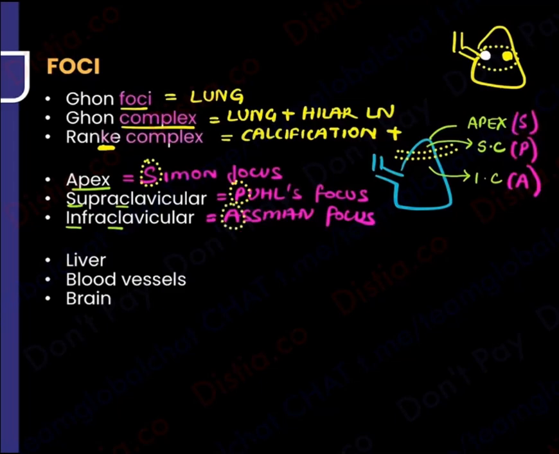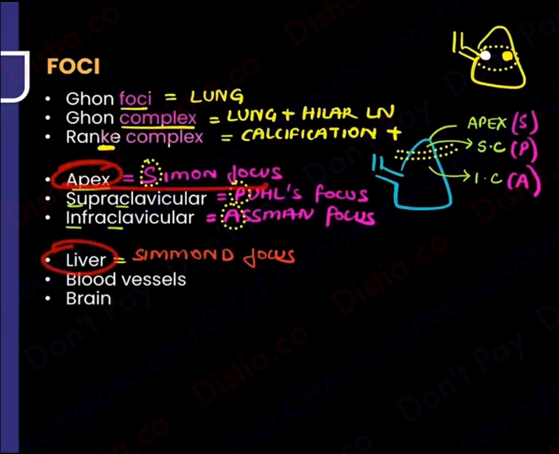Now let's come to other organs. We are too much into lungs. Let's go to liver. In the liver, what is going to be there? It is referred to as the famous Simon focus. Don't get confused. Which is heavier, out of the lung and out of the liver, because the lung's apex was Simon and the liver, which is heavier, is Simon. So heavier name I have got, bigger name.